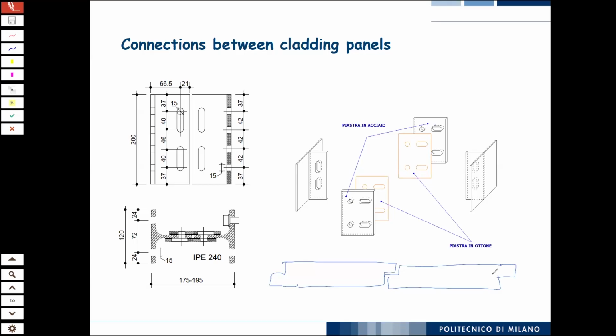And then they said, okay, if we slightly modify this and we shape our panels, for example, like this, can we use this region here to accommodate devices like this, which, due to the fact that these panels slide with respect to each other during an earthquake motion, can provide some energy dissipation?